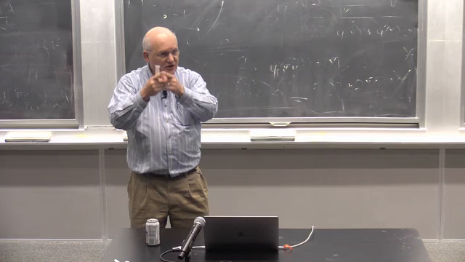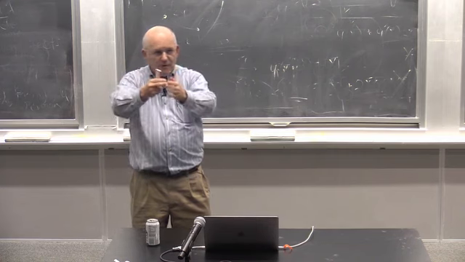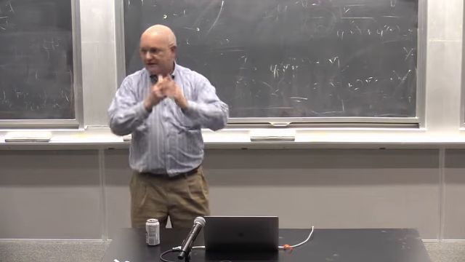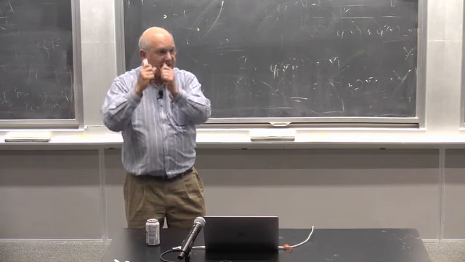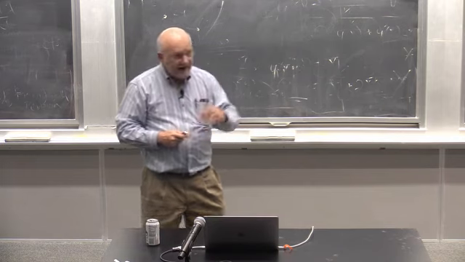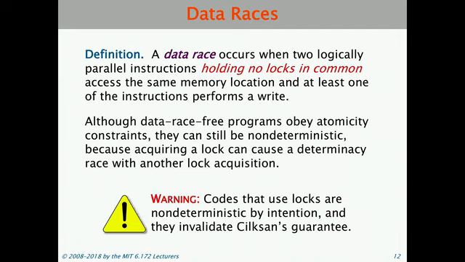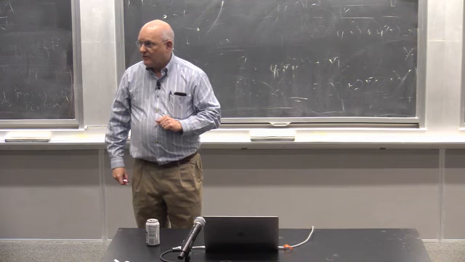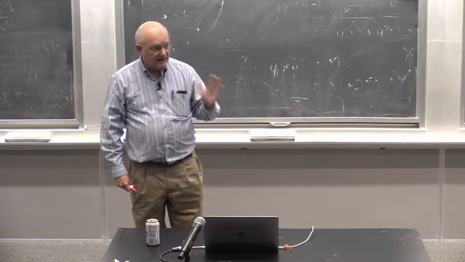That's a determinacy race. It may be a safe, correct one, but it is a determinacy race. And so any code that uses locks is non-deterministic by intention, and it's going to invalidate the Cilksan guarantee of finding those race bugs. So you will end up with races in your code if you're not careful.